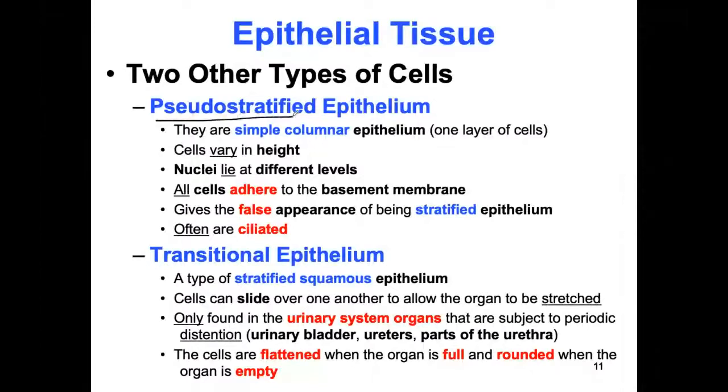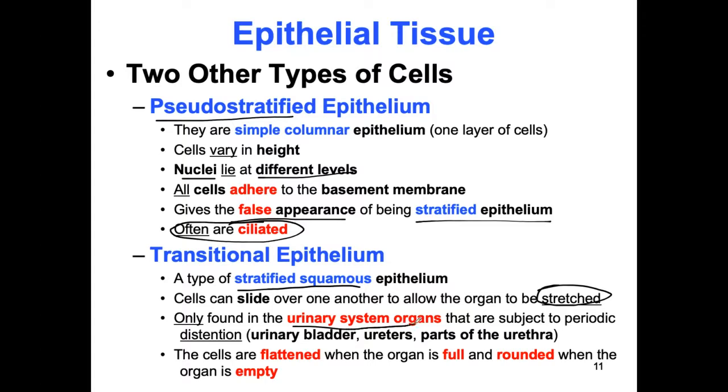The pseudostratified, we said that the nuclei lie at different levels, so it gives this false appearance of being stratified, and they're often associated with cilia. That was the example of the trachea that we provided earlier. Transitional epithelium is a type of stratified squamous, but depending on whether the organ is distended or not, those cells start to stretch, so the shape of those cells varies and changes.